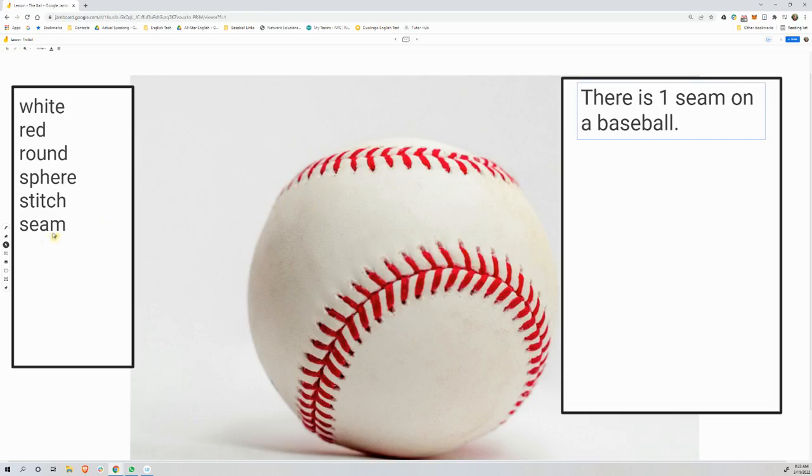One seam. One long seam. What is the seam? The seam is this. Seam. And it's one seam around the baseball. One seam. So there is one seam.